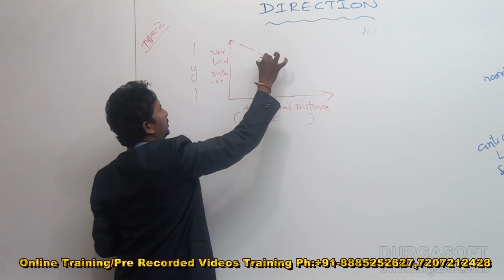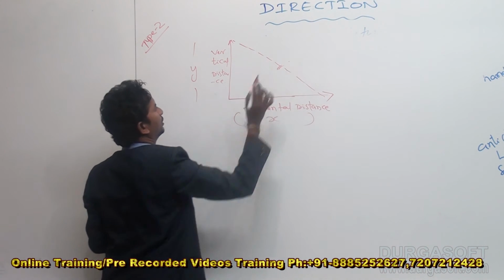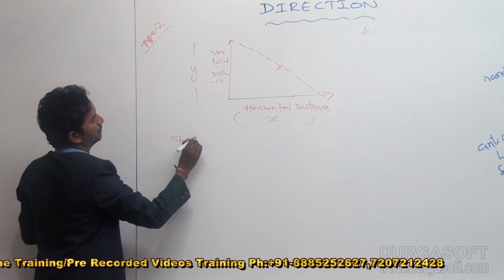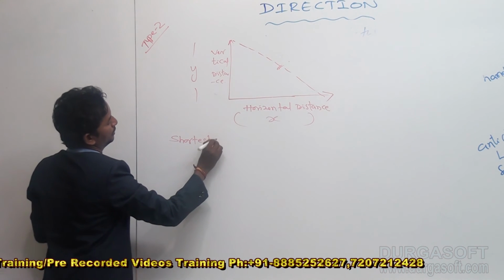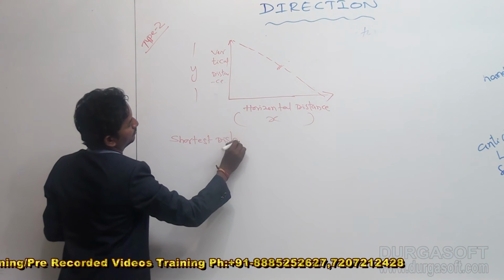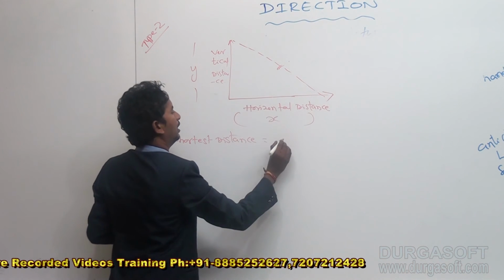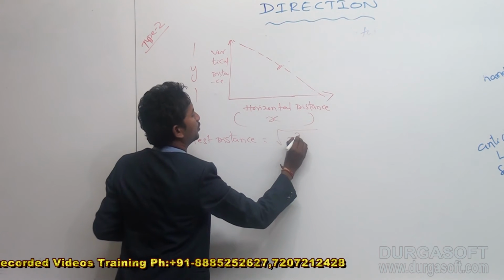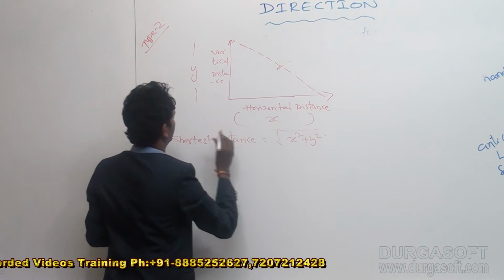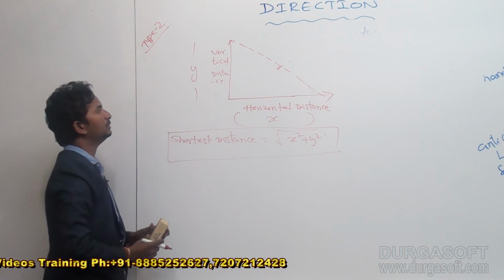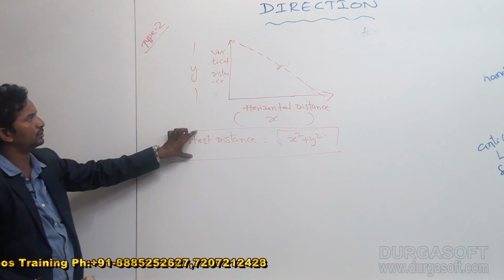Now the shortest distance is equal to the square root of x square plus y square. So in type 2 we are finding the shortest distance.